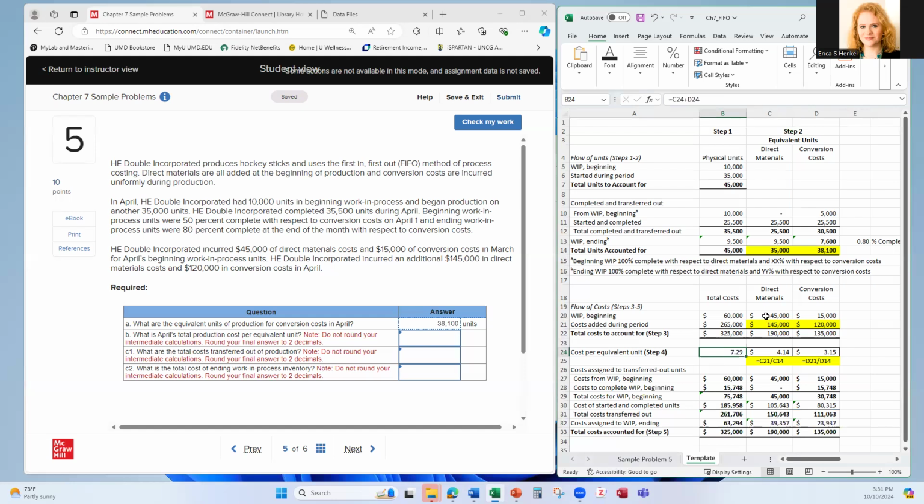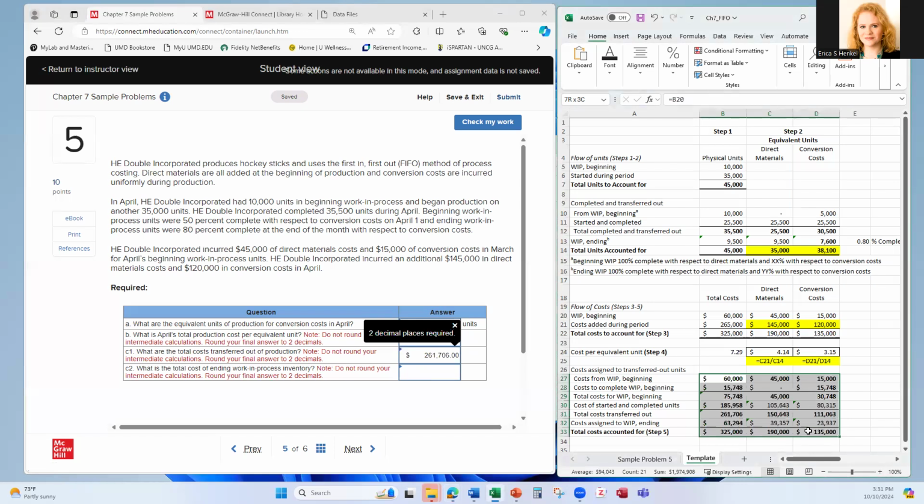And then what are the total costs transferred out of production? Well, we can just grab that right here, 261,706. And then the total cost of ending work in process inventory is the 63,294.